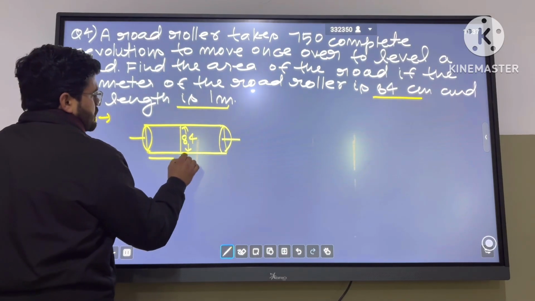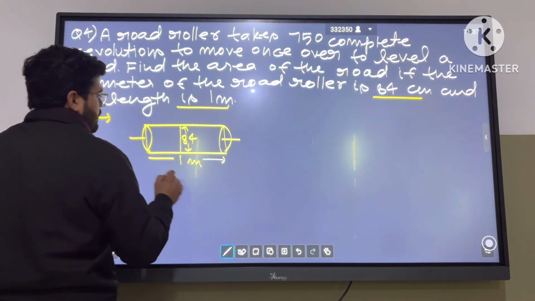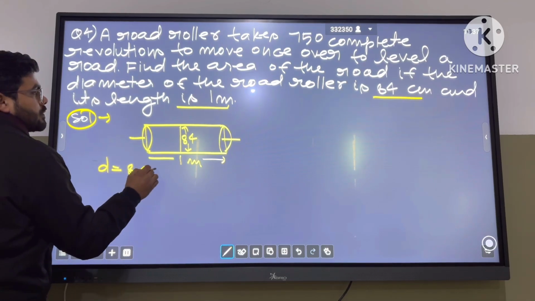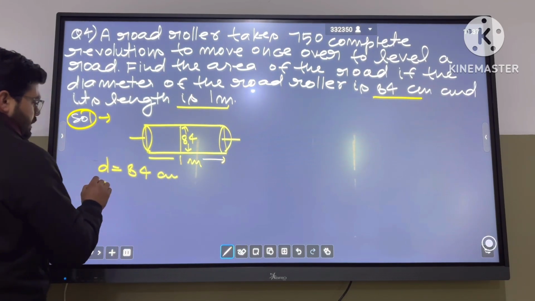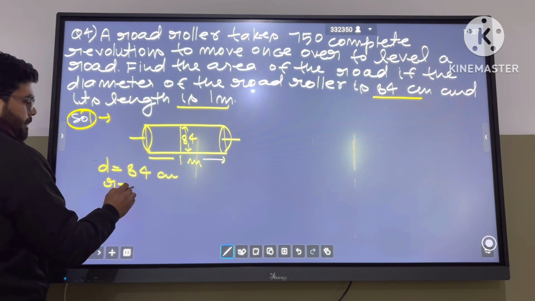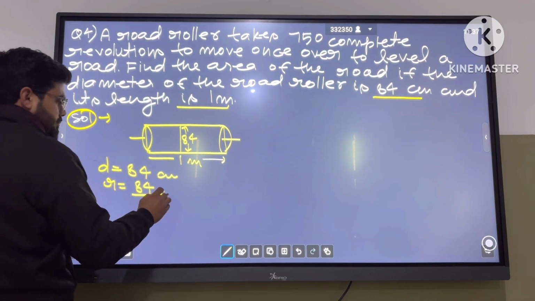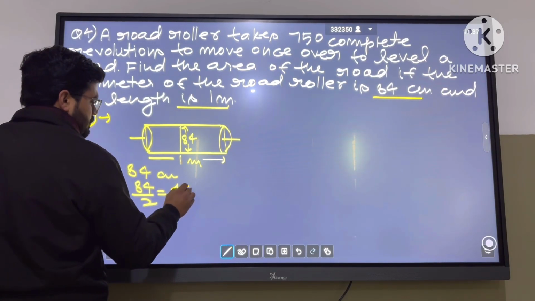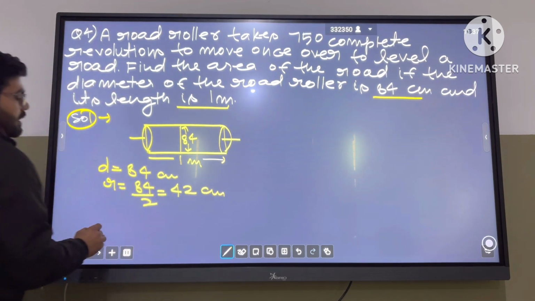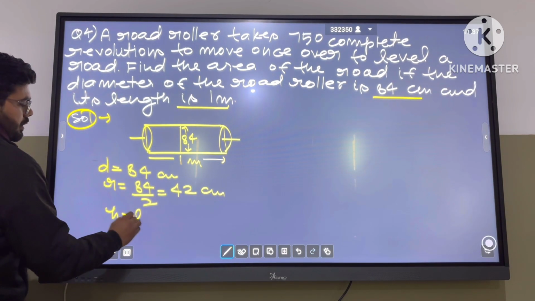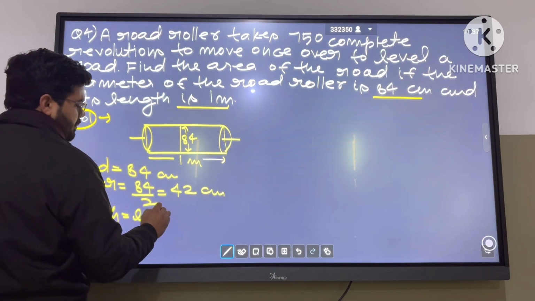So the radius will be 84 by 2, equal to 42 centimeter, and the height or length we have given is 1 meter.